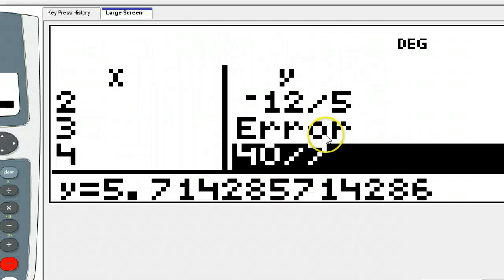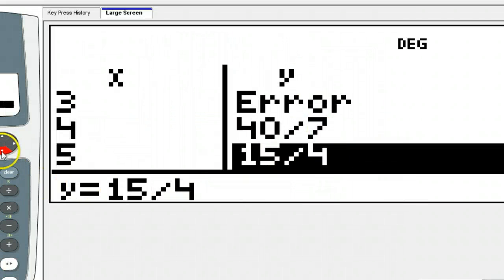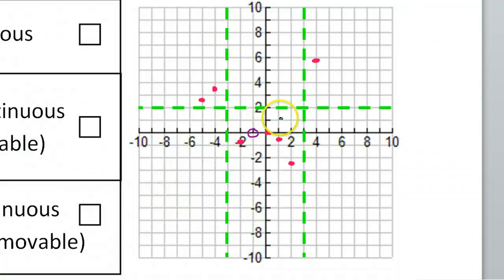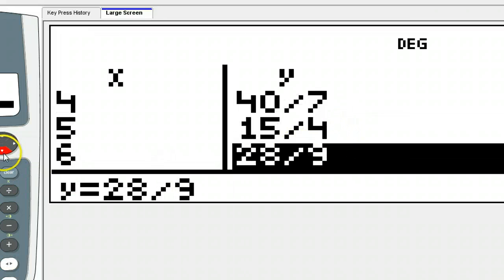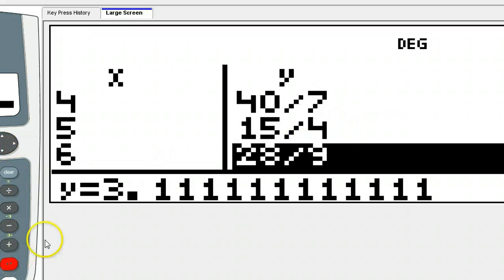And let's take a look at 5. At 5, I have 3.75. So that's about here. And what about 6? At 6, I have 3.1.